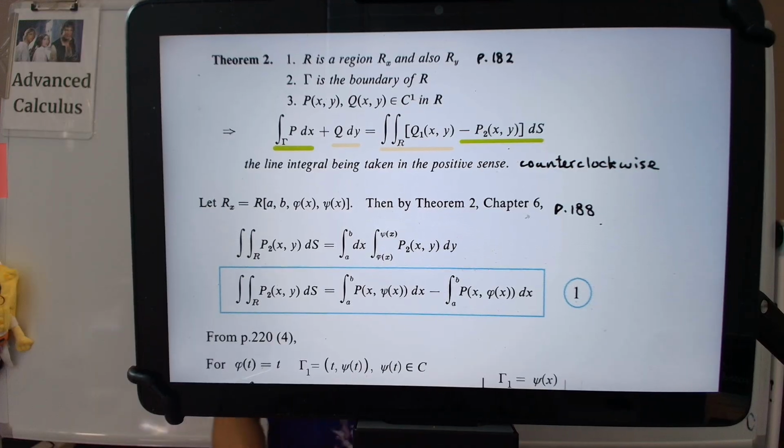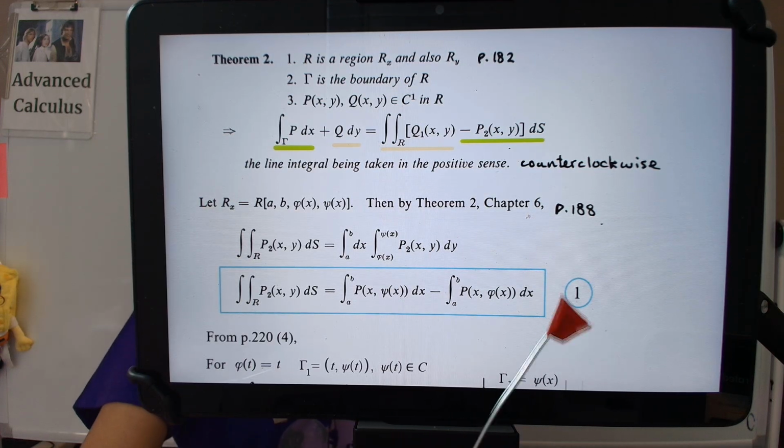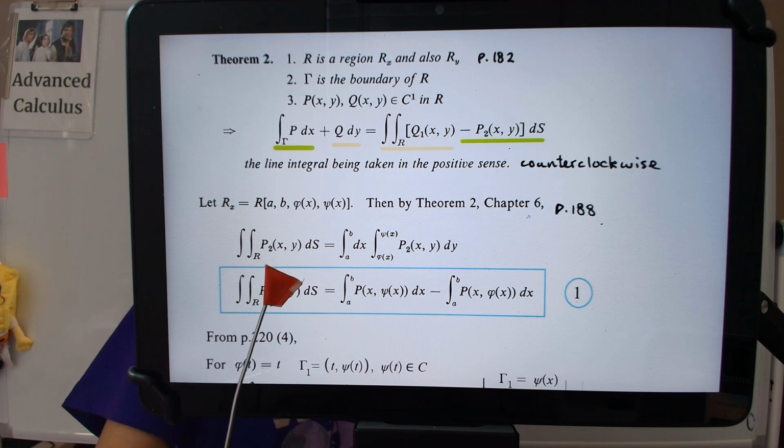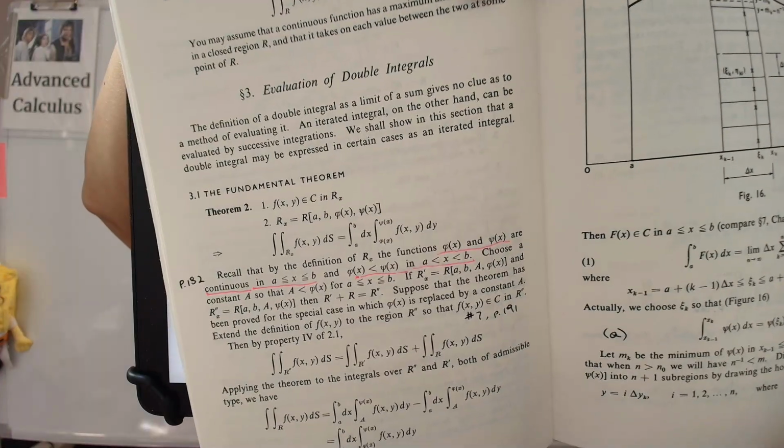All right, so now that we know Rx can also be Ry in not just a rectangular shape, let's consider a theorem from chapter 6, which indicates that the double integral equals the iterated integral. That's just the fundamental theorem that I will show you quickly here. Okay, and yeah, this is page whatever.